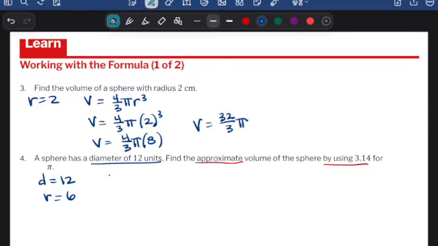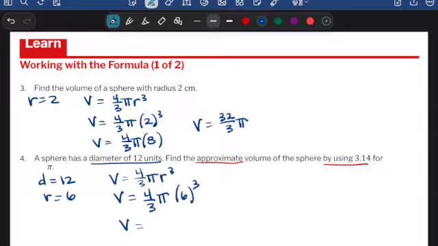Let's write the formula. Always write the formula before you start calculating. 4/3 times pi times r cubed. Substitute what we know into the equation. So instead of r, I'm going to substitute 6 cubed. And then we can do our calculations. Volume equals 4/3 times pi. 6 cubed is 216.